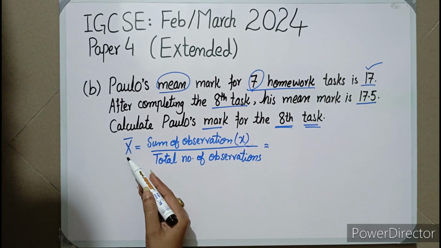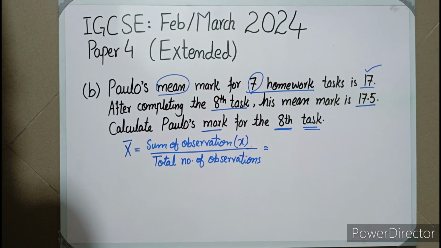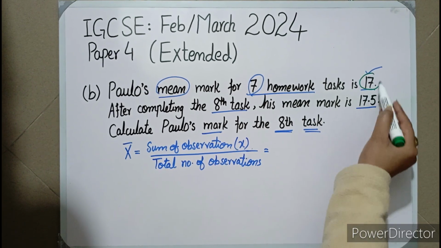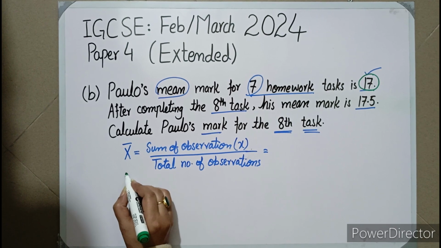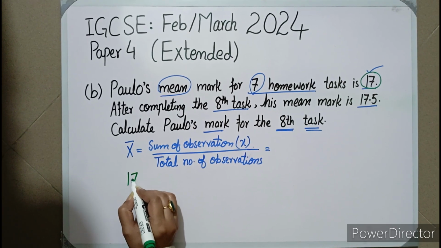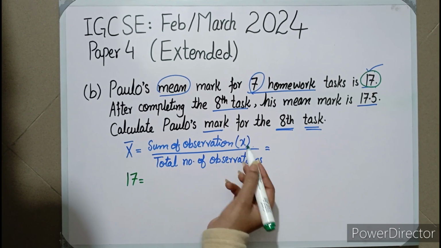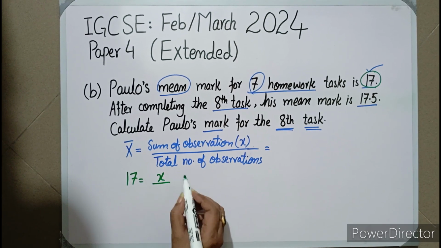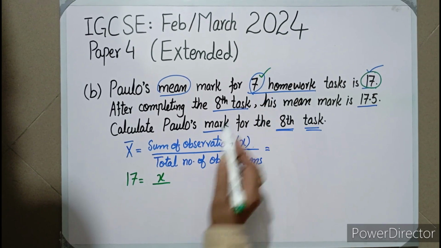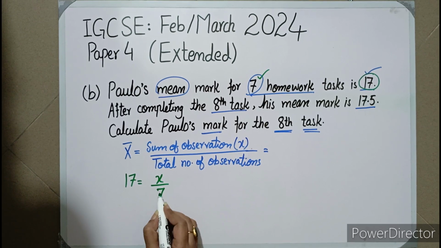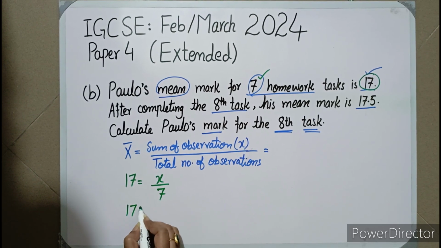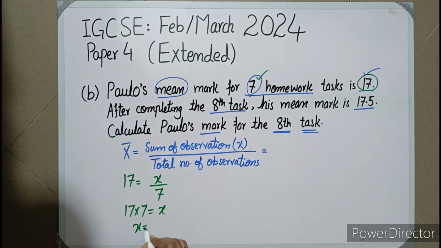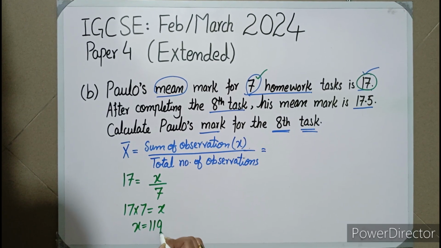Let's call the sum of observations x. As you know, the value of x bar is 17. The sum of observations I have denoted as x, and the total number of observations is 7. You simply multiply this 17 with this 7. You will get the answer x equals 119.